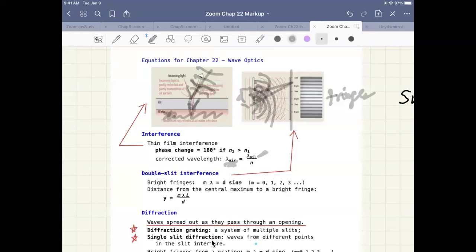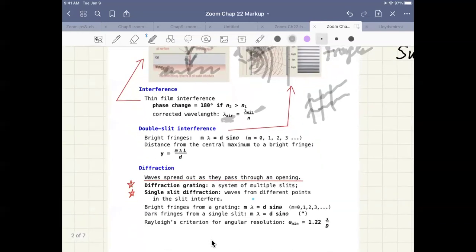And if the path difference is an integer number of wavelengths, then the two waves will be in phase. One will be there and one will be there. So where they're both at a maximum, you have constructive interference. That means the path difference has to be an integer number of wavelengths.